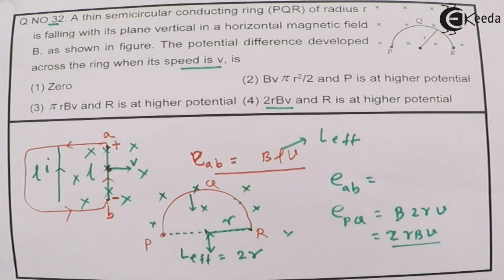So QV cross B gives the direction in which the positive charge will move, which is the higher potential end.